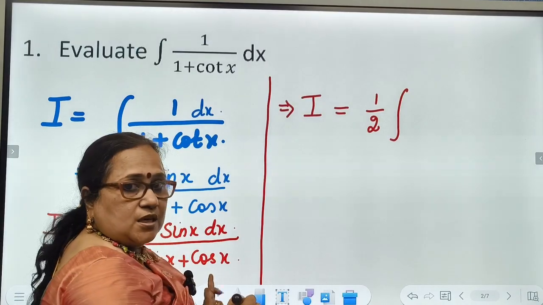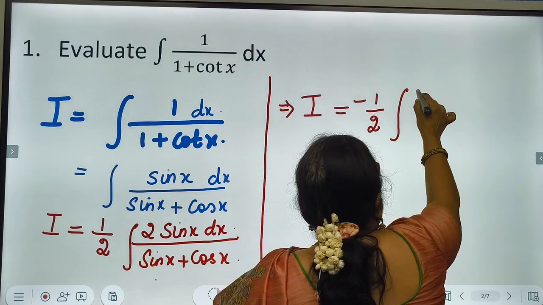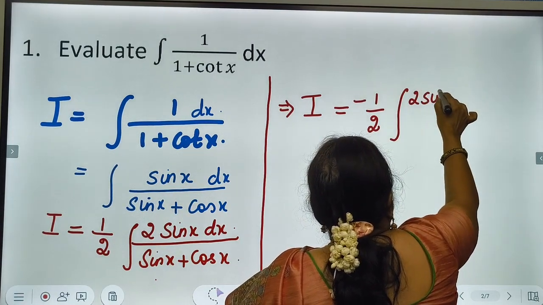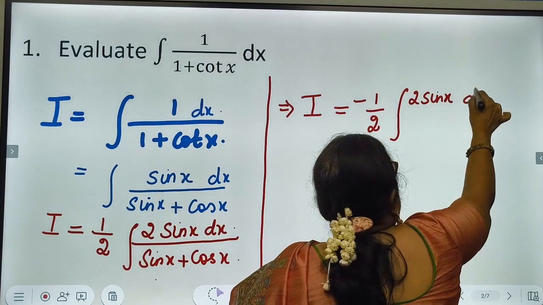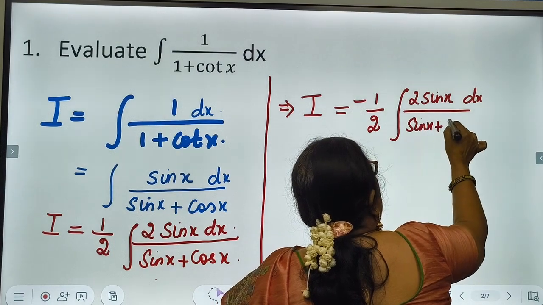I need cos x minus sin x. So I am going to write I equal to half into minus half into 2 sin x dx by sin x plus cos x.